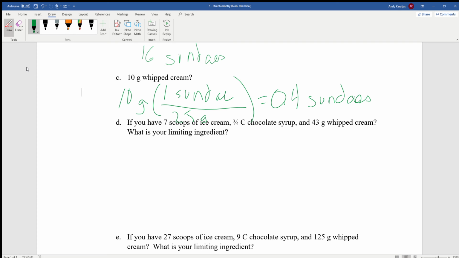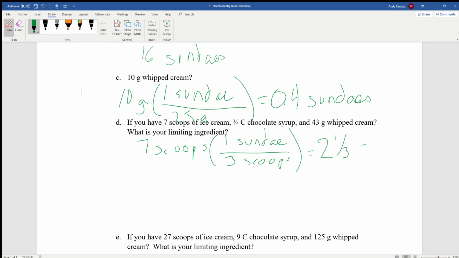Well, with the ice cream, we have 7 scoops, and we know that 1 sundae requires 3 scoops. So we have enough to make 2 1/3 sundaes.